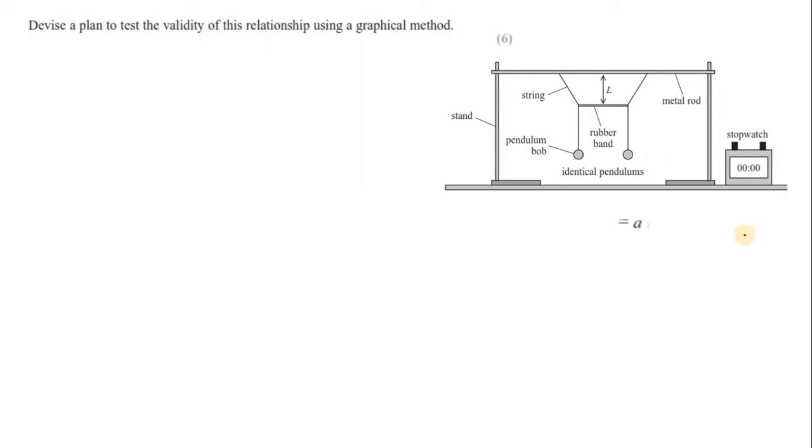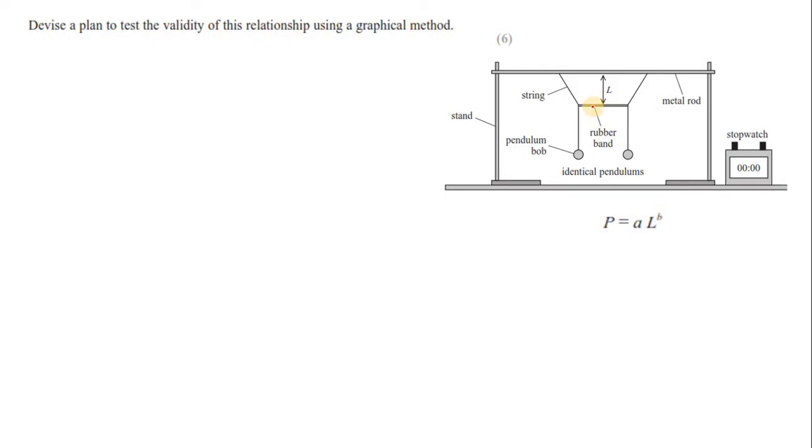So you need to write a plan. How would you start? What quantity are you going to measure? How will you measure? How will you record the reading? And how do you analyze your obtained data? These are all the points that you need to write. If you see, this is the setup. The idea is first you need to write how you will start your experiment.